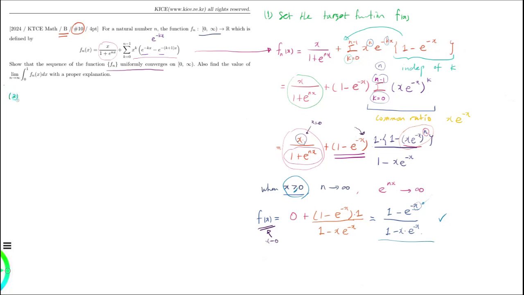The second point is to control the remainder part, the norm of each remainder, say f of x minus f sub n of x and its norm.